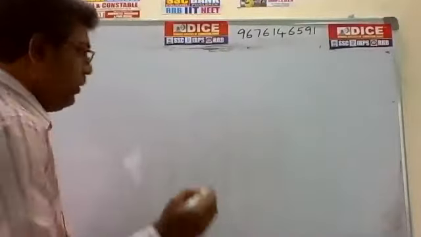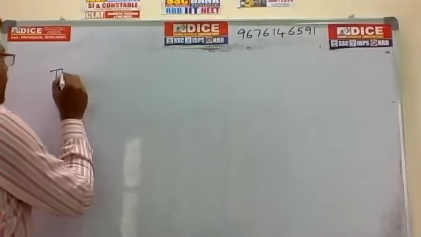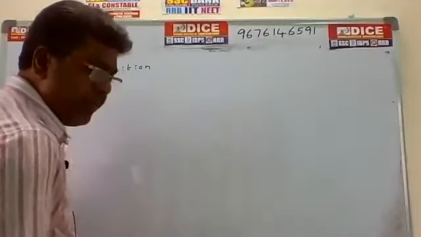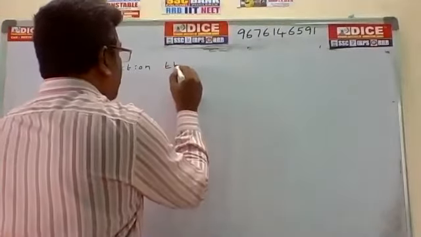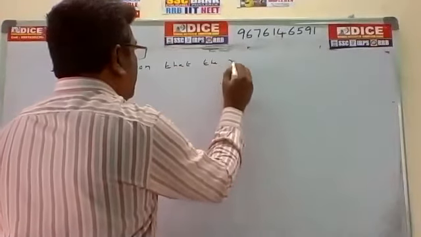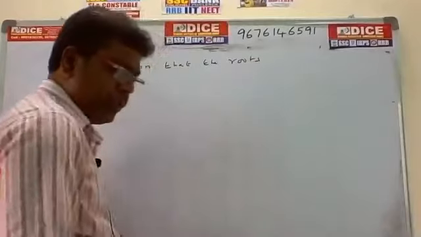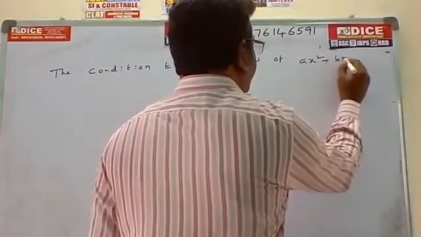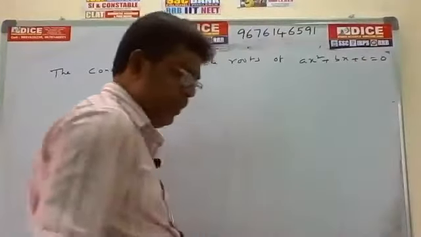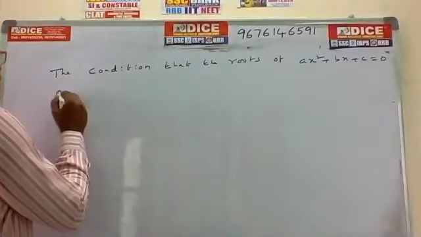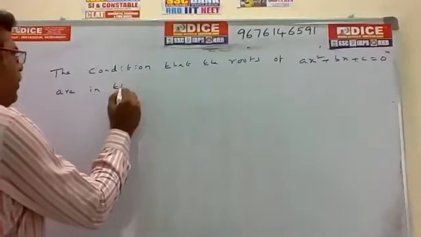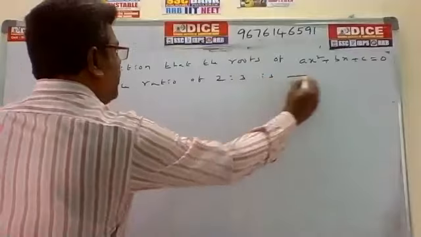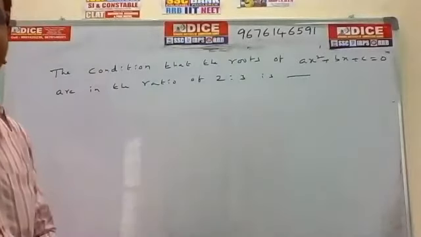The condition that the roots of ax square plus bx plus c is equal to 0 are in the ratio of 2:3 is dash.